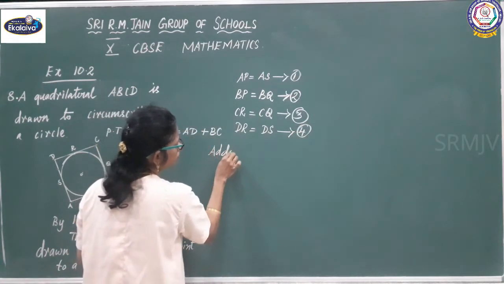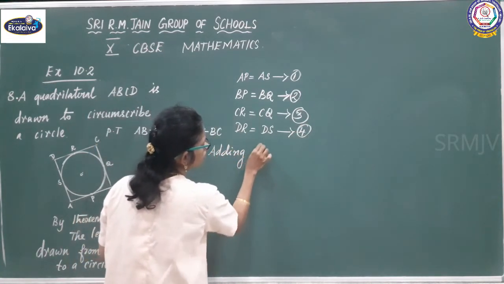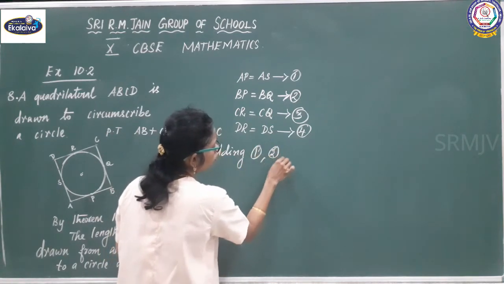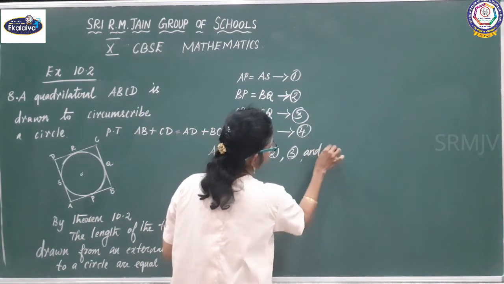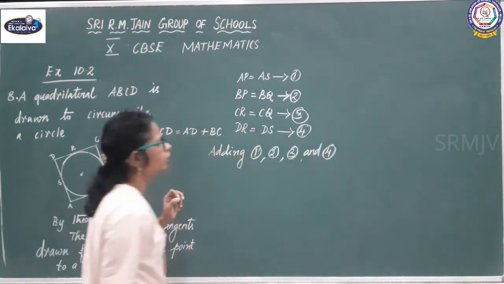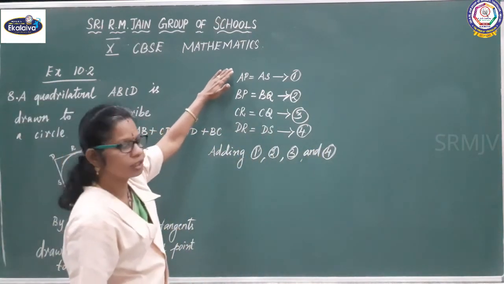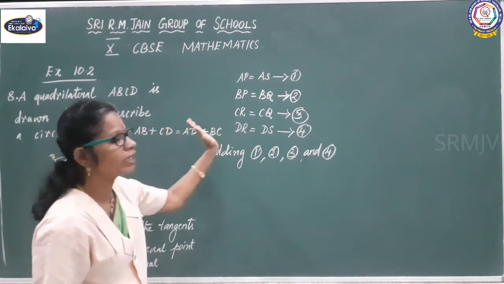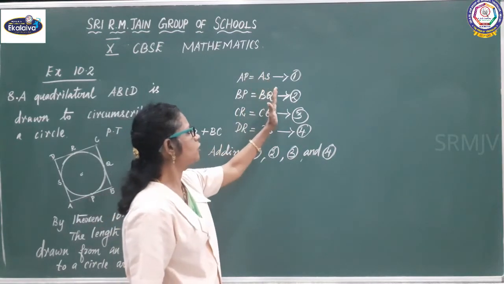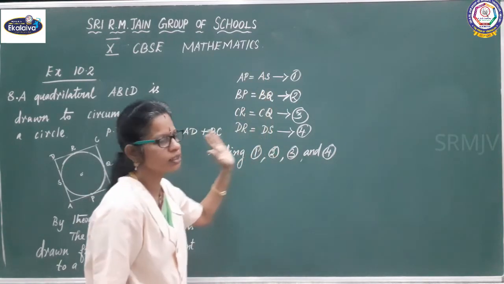Adding 1, 2, 3 and 4. You are going to add all the equations. How to add? The left hand side you should add: AP plus BP plus CR plus DR equal to AS plus BQ plus CQ plus DS. Right?